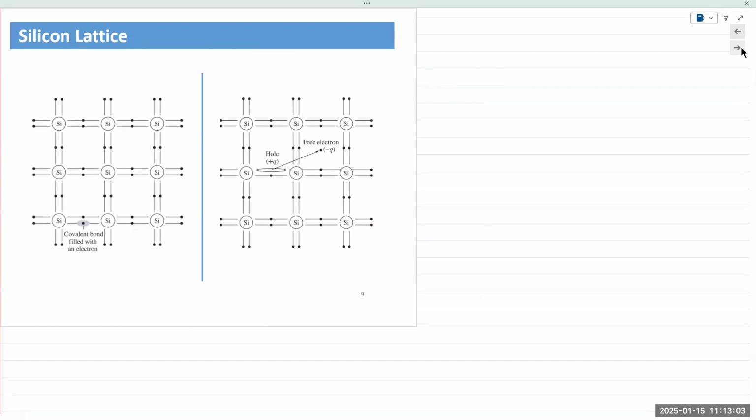We have silicon atoms bonded with neighboring atoms. Each of the lines that you see between the atoms represents a covalent bond, and each of the dots represents an electron.